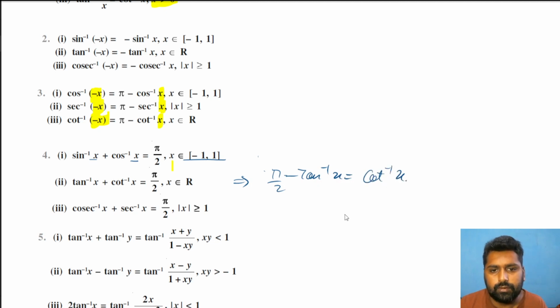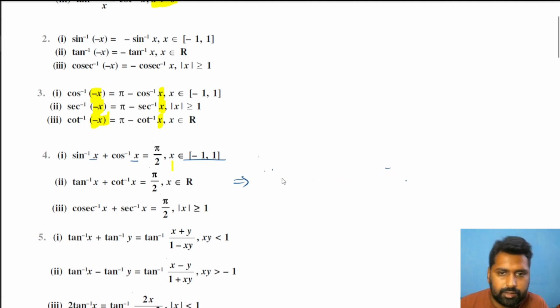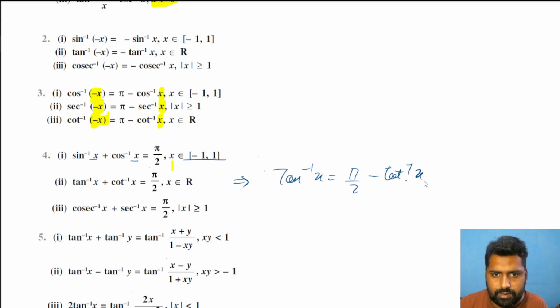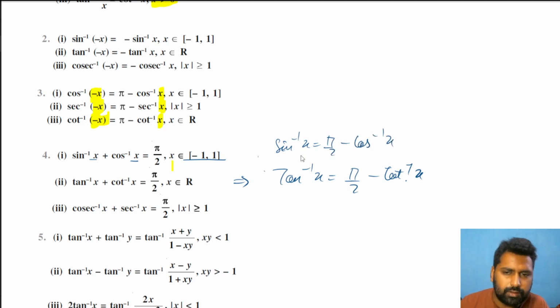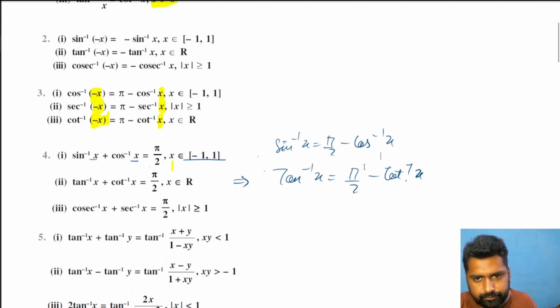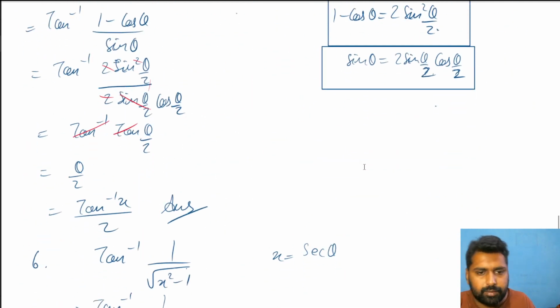Or I can rewrite this as, if I want tan inverse to get converted to cot inverse, tan inverse x is equal to pi by 2 minus cot inverse x. Similarly, if I ask you to convert sine inverse to cos inverse, you write sine inverse as pi by 2 minus cos inverse. You can write the other way also, cos inverse is pi by 2 minus sine inverse. So you have to do pi by 2 minus to interchange sine inverse and cos inverse, tan inverse and cot inverse, cosec inverse and sec inverse accordingly. So that's the application of that property.